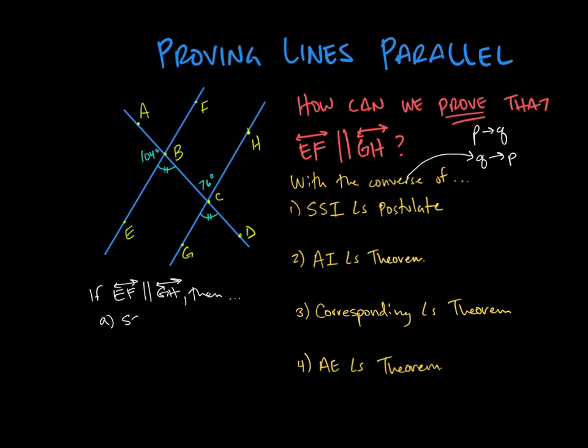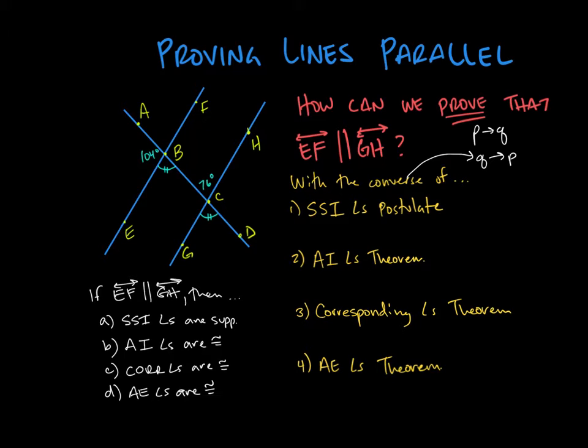We could say that the same side interior angles would have to be supplementary. We could say that the alternate interior angles would have to be congruent. We could say that the corresponding angles are congruent. And we could say that the alternate exterior angles are congruent. So we would be able to state these four things would be true if the lines are parallel.